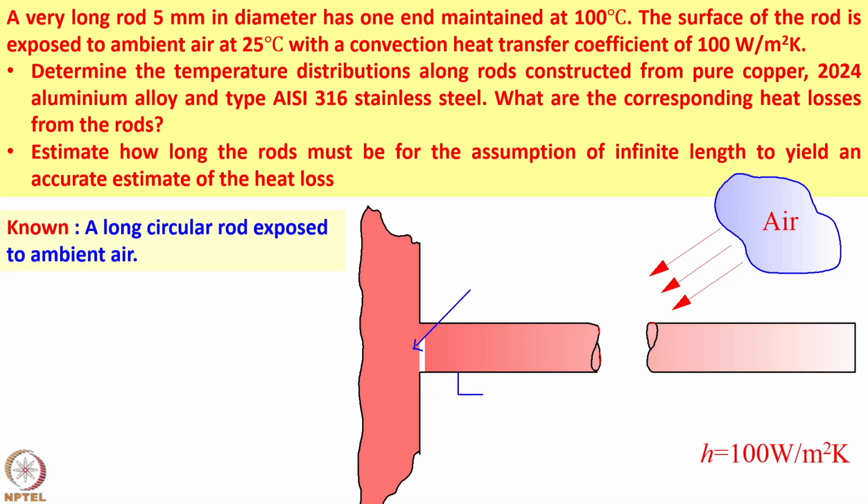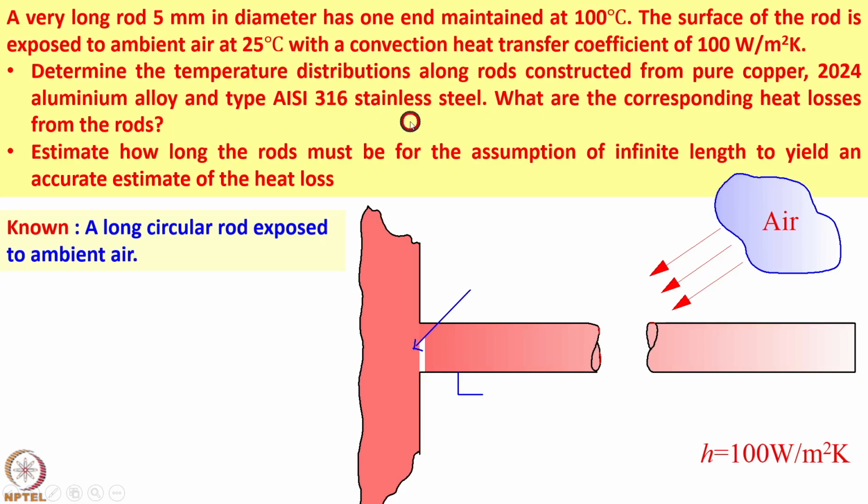So now, to put all of this in perspective, let us take up a problem where a very long rod of 5 mm in diameter has one end maintained at 100 degrees Celsius and the surface of the rod is exposed to ambient air at 25 degrees Celsius with a convection heat transfer coefficient of 100 watt per meter squared Kelvin.